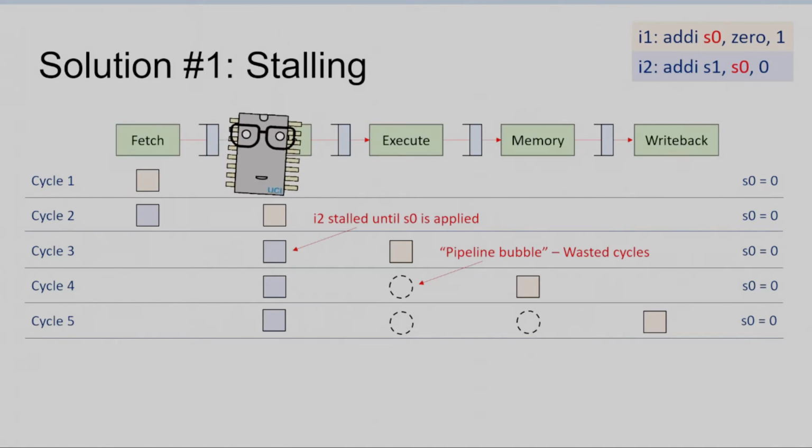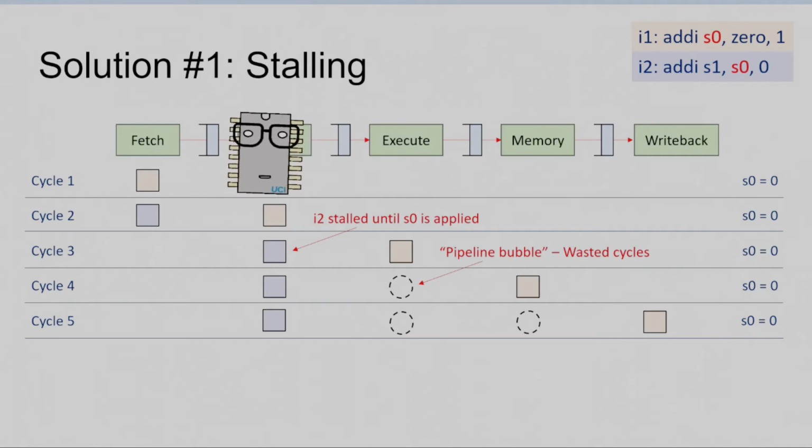At cycle 5, instruction 1 has been allowed to move forward again to the write back stage. So it's issuing a combinational electrical signal to write the results of S0 to the register file. This is the cycle in which the add immediate result, so 1, is moving through the register file so that it can be available at the next cycle.